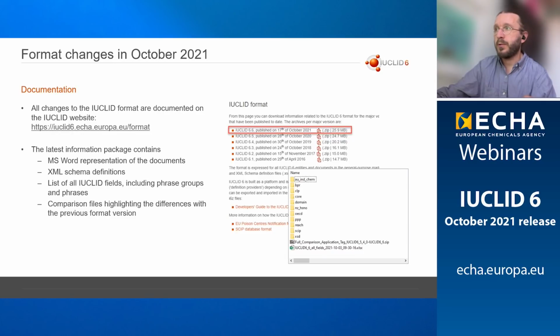It contains also a full list of all Euclid fields, including which phrase groups are used in picklists and which picklist items are used with their identifiers. And for those who were using the previous version of Euclid, we have also added a comparison file that highlights the changes between this version of Euclid and the previous one.